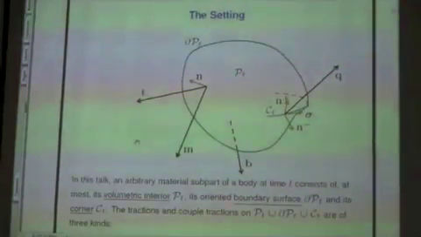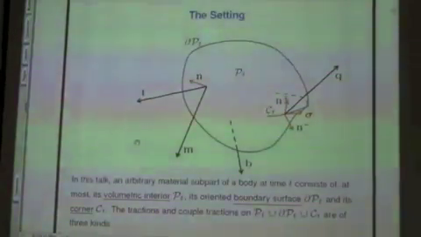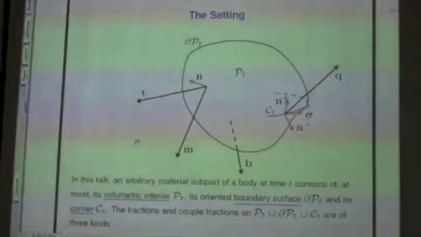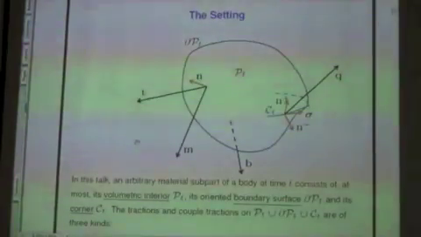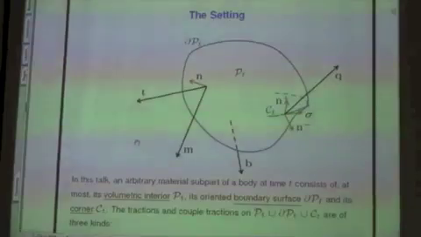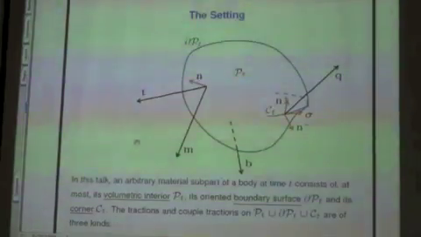And both of these are intensities or specific forces. T is per unit area, and Q is per unit length. And of course there's body force that acts. In addition to that, I'm going to allow the possibility of couples. And you see that in M. And you see that the corner is distinguished by a normal to the surface, N plus and N minus, where the corner comes together.